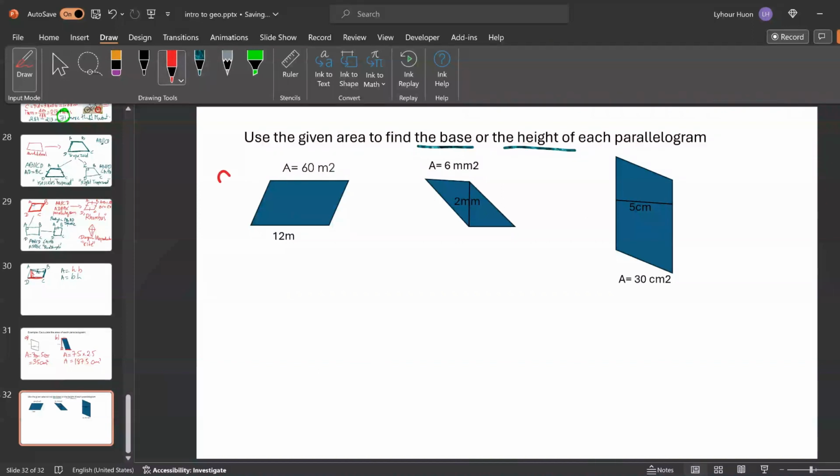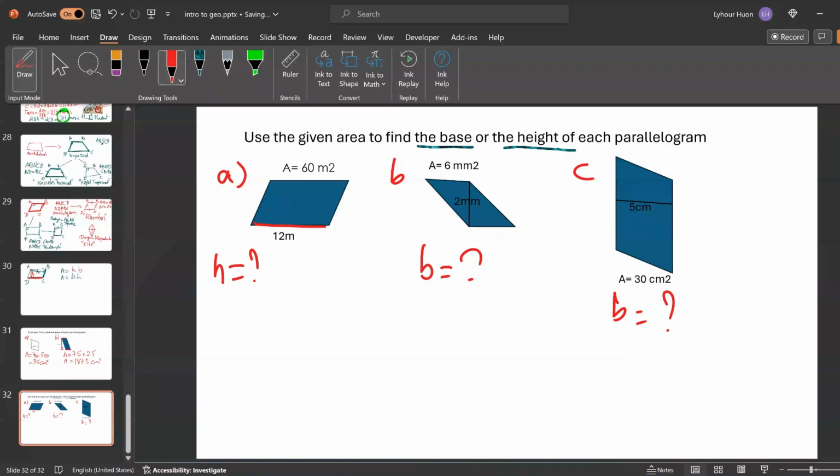So this is A, B, C. For A, we find the height, and for B and C, we find the base. Correct.